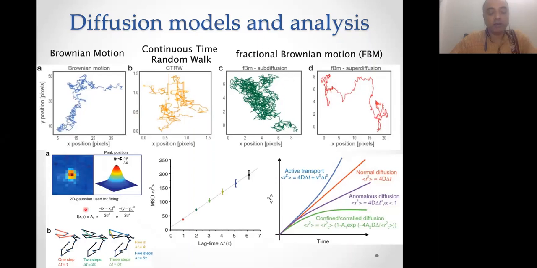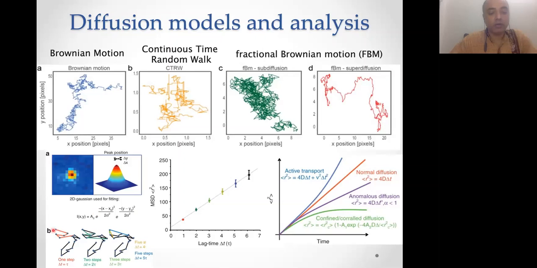Let's say this is an example of a centroid plot that is shown here. You take each of these trajectories and you find out how much is the squared displacement given by this expression that it has moved from its centroid. Sorry, my bad, this is the 2D Gaussian fitting that has been done to this.